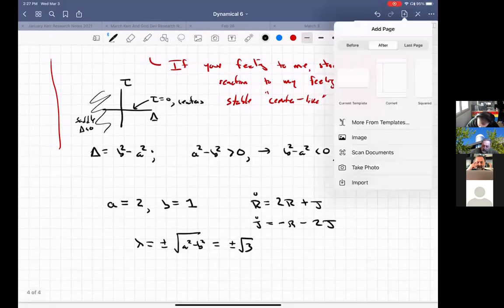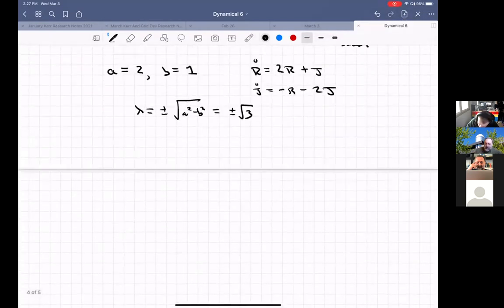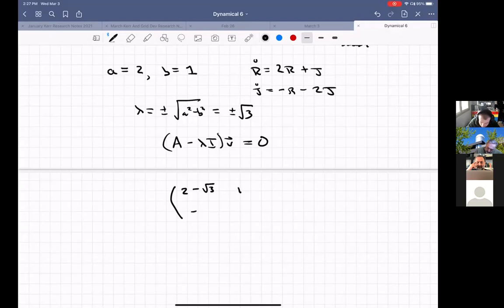Okay, so let's go ahead and go through the work of finding the eigenvectors. My eigenvalues are plus or minus root 3. And so my eigenvectors have to satisfy A minus lambda I times my vector is equal to 0. So I have 2 minus root 3, 1, minus 1, minus 2 minus root 3. Is that right?